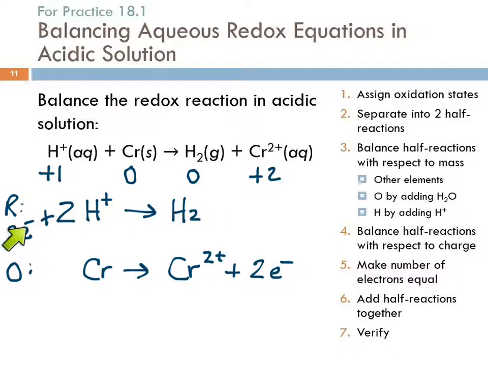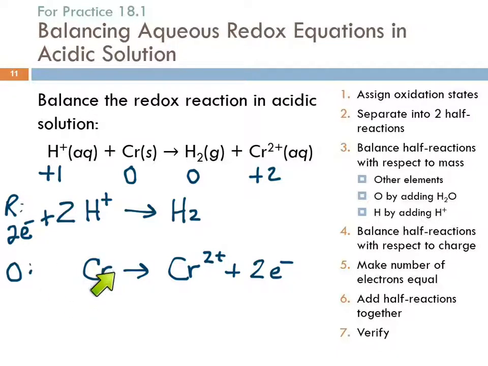So we need to add 2 electrons so we get a total 0 here and 0 there. It doesn't have to be 0 on both sides, but the charge has to be the same. And you can only add electrons to balance the charges. It has to be the same, so why'd you add in? Well, because it was plus 2 here and 0. Oh, those aren't the same. Plus 2 is not equal to 0. I was thinking the total.